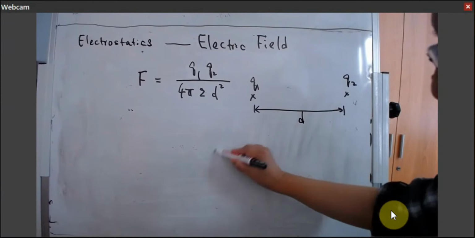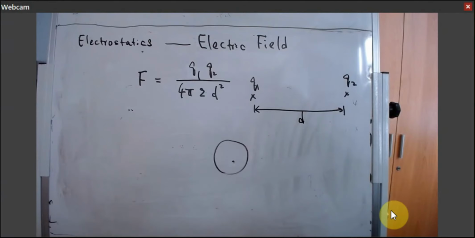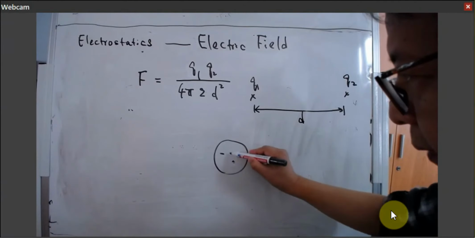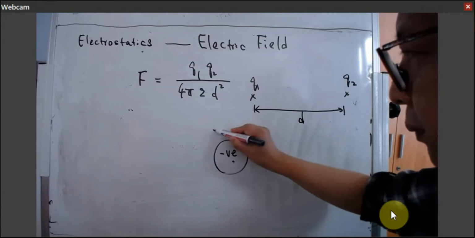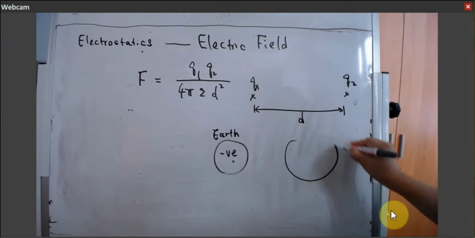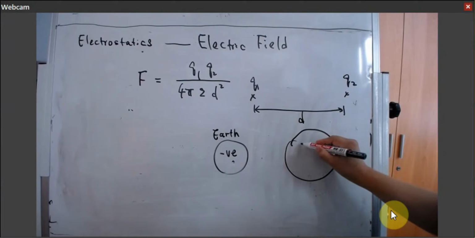The Earth itself is a negatively charged object. The Sun is another charged object.